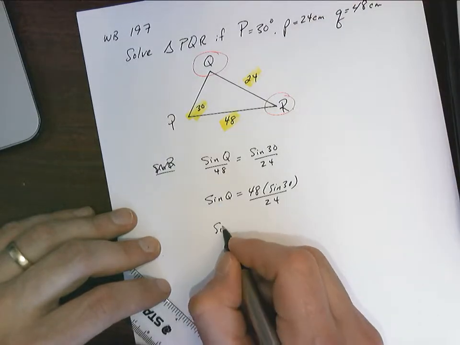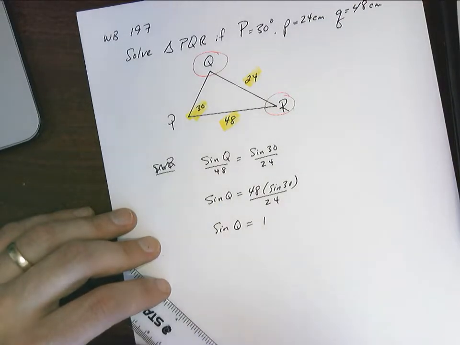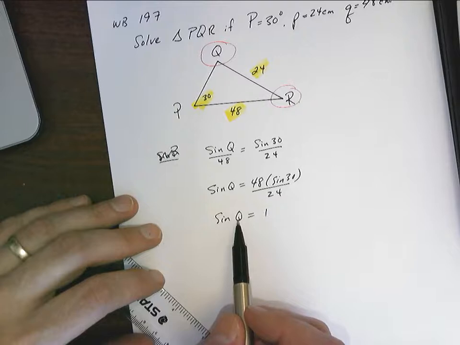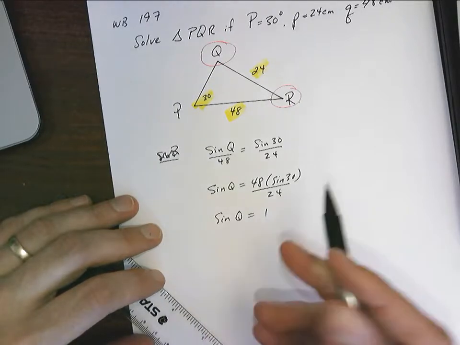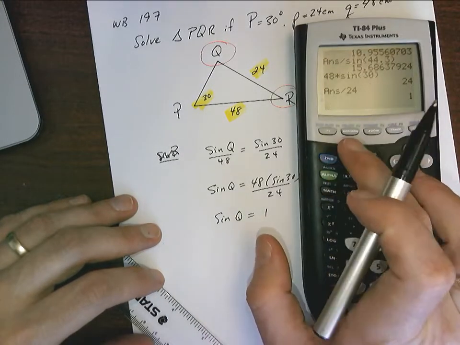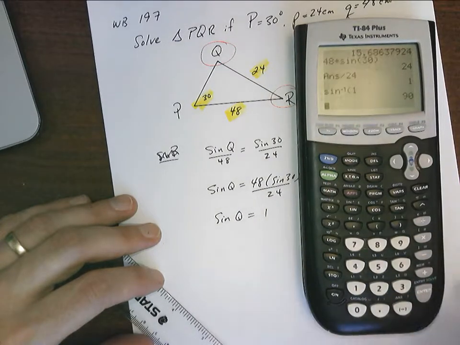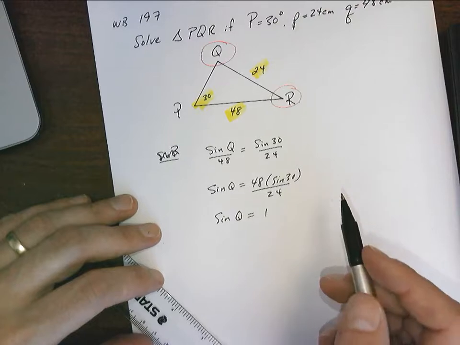That's odd. It's asking me, where will the sine of Q equal 1? What values of Q will allow sine to equal 1? Well, I can use my calculator to do that and go second function inverse, put in 1, equals, and you notice you're going to get 90.